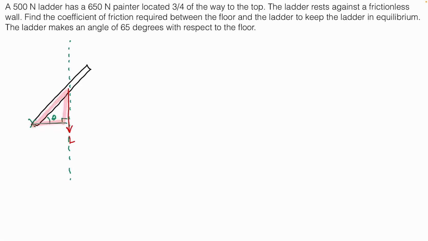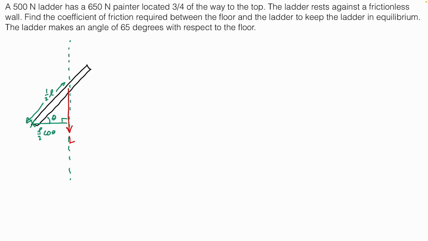And I need a hypotenuse. What's the hypotenuse of this triangle? Half of L, right? This distance is 1/2 L. That's the hypotenuse of my triangle. I need the distance that is touching the angle: L over 2 cosine theta.